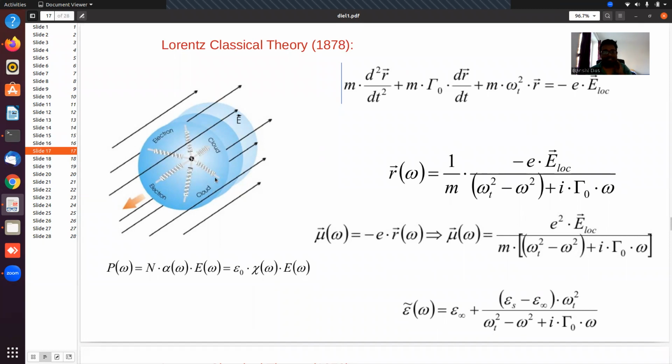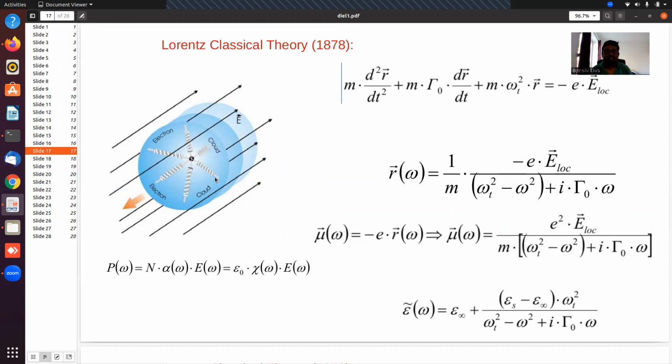Lorentz understood that this molecule is interacting with other molecules inside the material, and it has a natural vibration due to that interaction. He had that intuition.